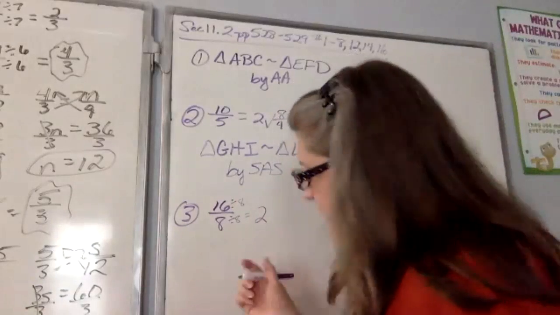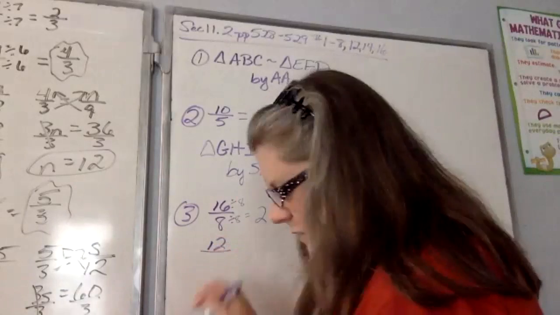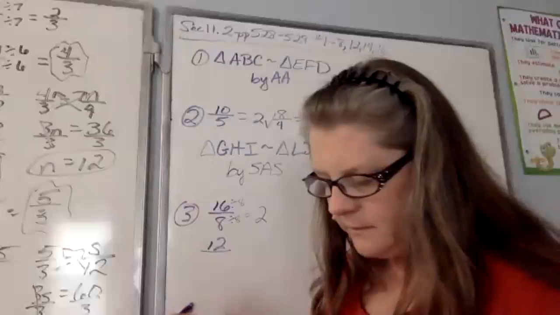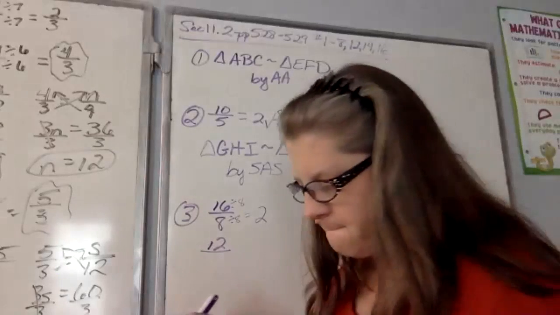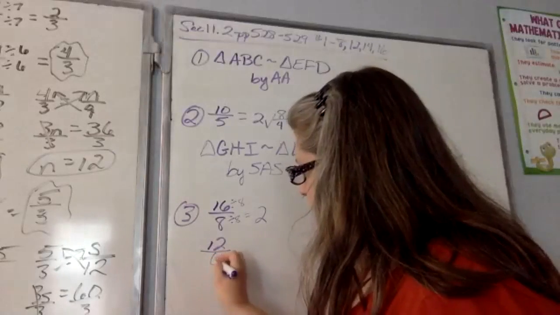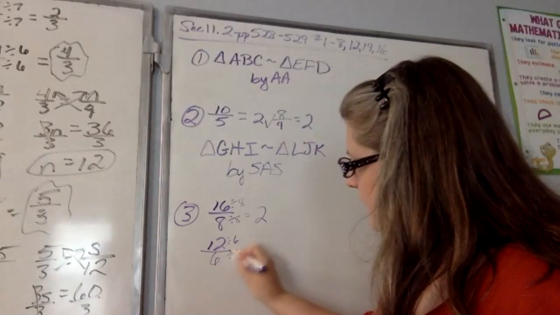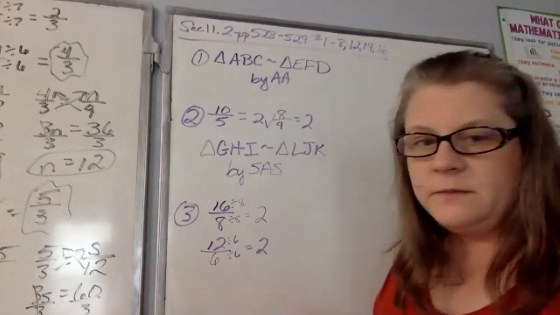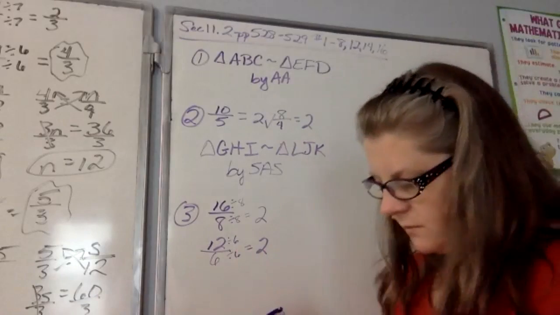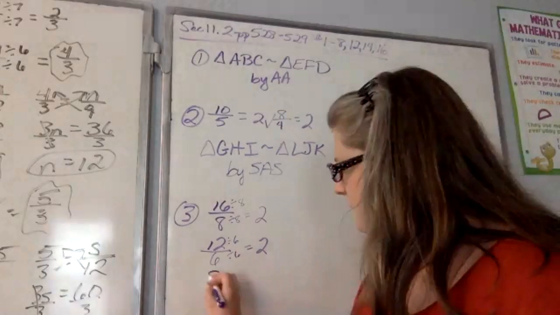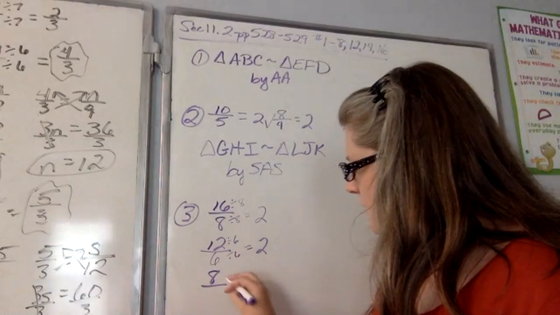Okay. Now my next largest side was 12. What's my next largest side in the other triangle? 6. It also reduces to 2. What's my smallest side in the big triangle? 8.